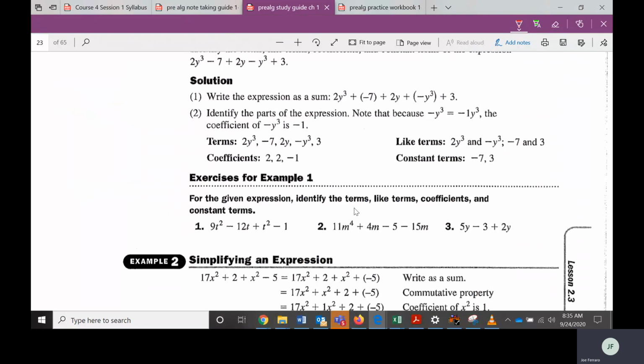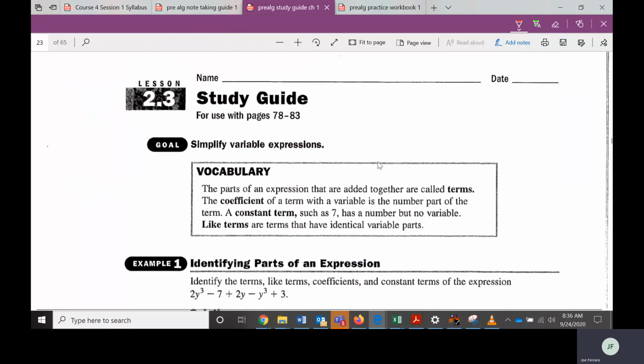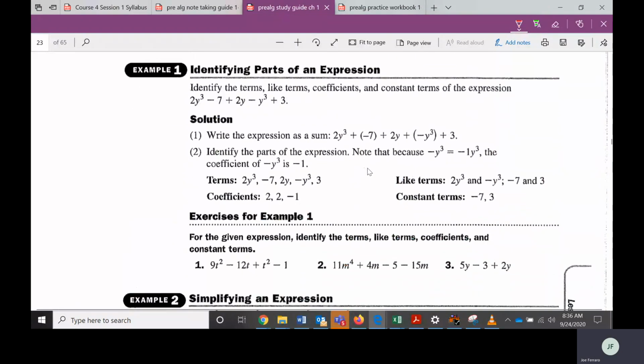And you could send me the picture of it, and you might have to do it on a separate sheet of paper because there's not a lot of room on here. But this is the 2-3 study guide. I could give you some extra credit for this. Okay, so at minimum, I would say practice this study guide. Okay, there's not a lot of problems. If you're understanding this, the test should be okay.